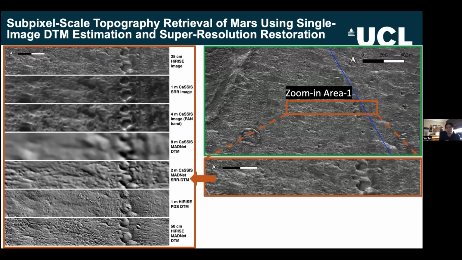And here on the left are the super resolution and the Super-3D results of the CaSSIS images in comparison with the reference 1-meter HiRISE PDS 3D model and the 50-centimeter HiRISE MADNet 3D model.